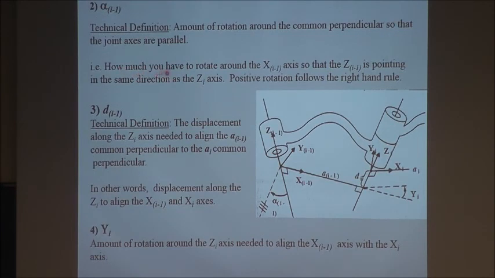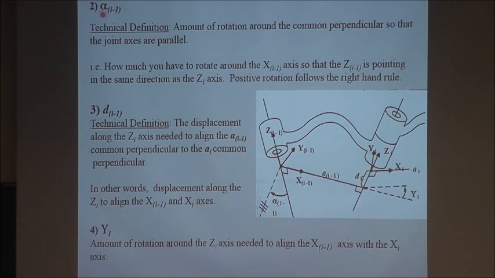So how much do you have to rotate around the x_{i-1} axis so that the z_{i-1} is pointing in the same direction as the z_i axis? So I have moved here, then I rotate to be parallel to the previous axis. That's what that's telling you. At that point, they're both in the same direction.